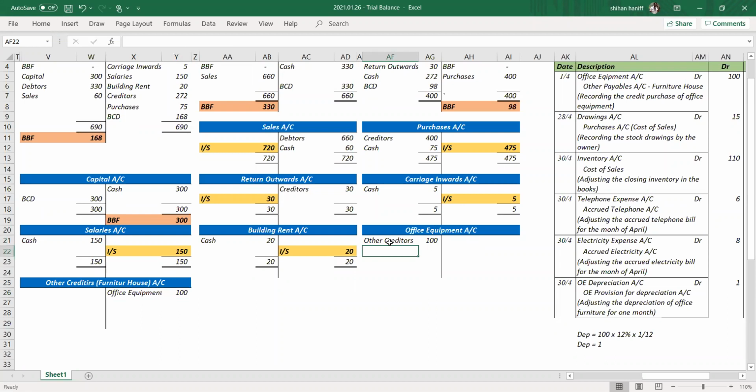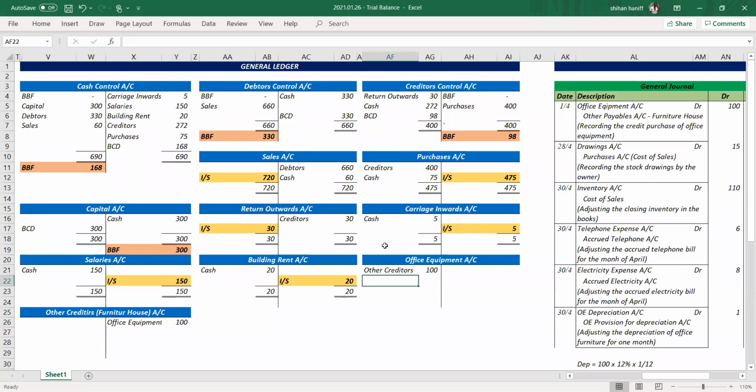You need to understand that the creditors control account is for trade creditors. Trade creditor is different from any other creditors. Trade creditor means what you purchase for resale purposes. If you purchase stock, your inventory, on credit, then those creditors are called trade creditors.